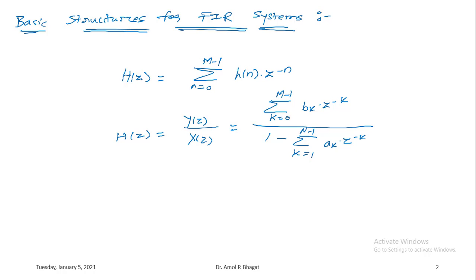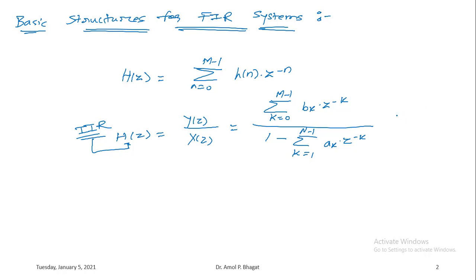So it has the terms corresponding to input in numerator, while terms corresponding to previous outputs or past outputs in denominator. So this is for IIR systems that we have seen. So this transfer function is utilized for the realization purpose of IIR system.